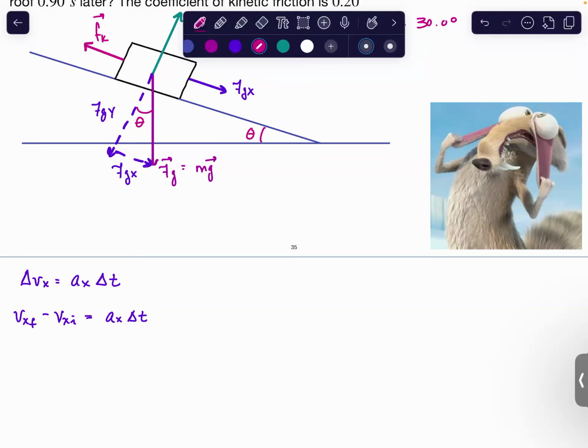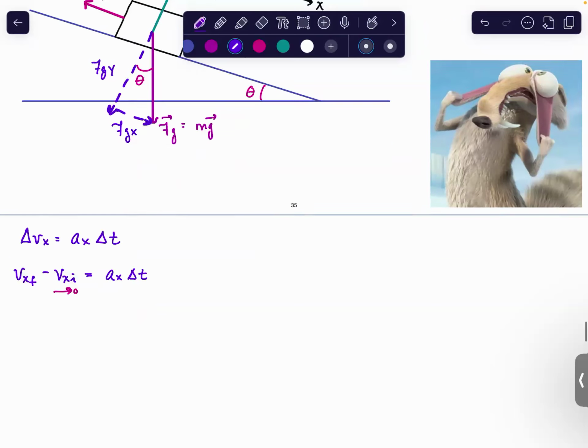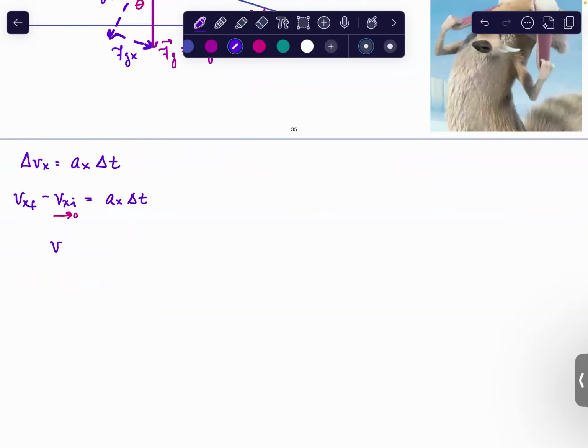You love problems that say starts at rest because your initial value is zero. Our delta t is 0.9 seconds. We don't know acceleration, so we need to figure out what that is.